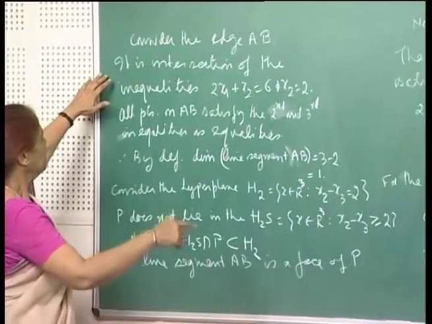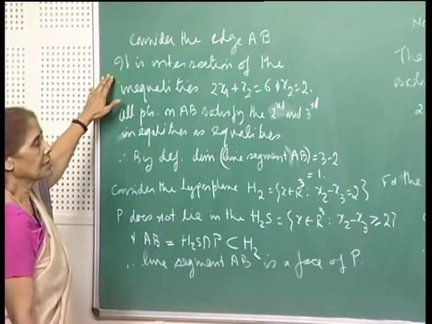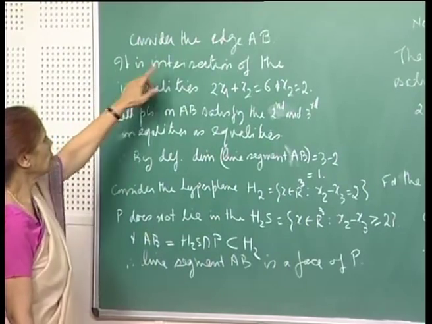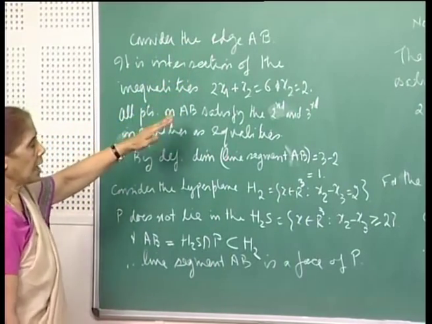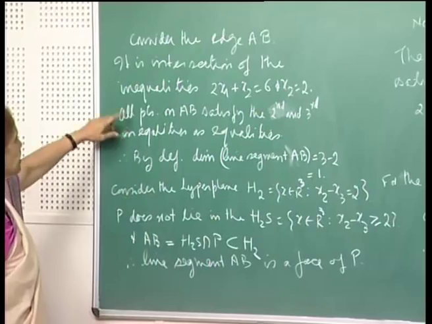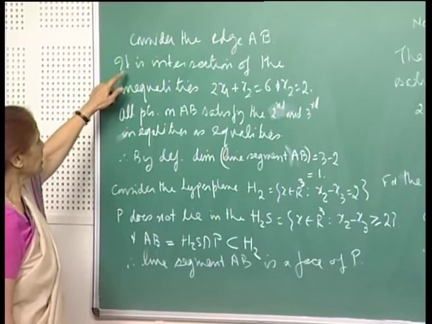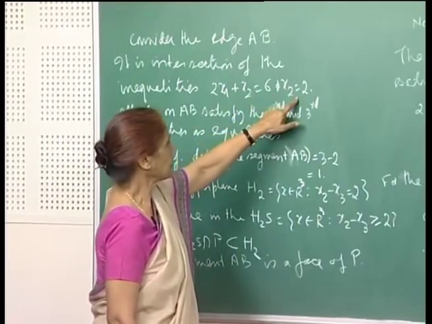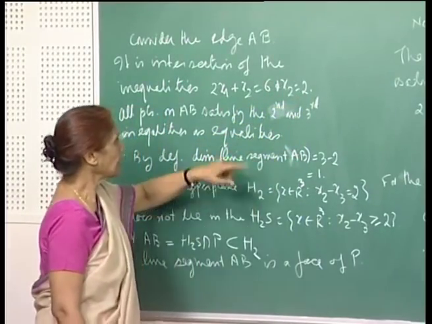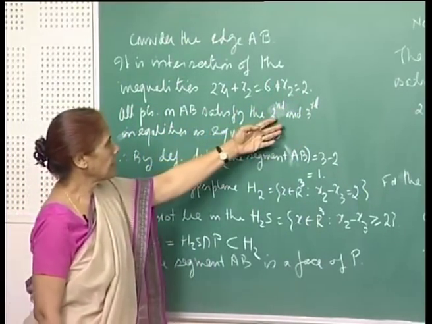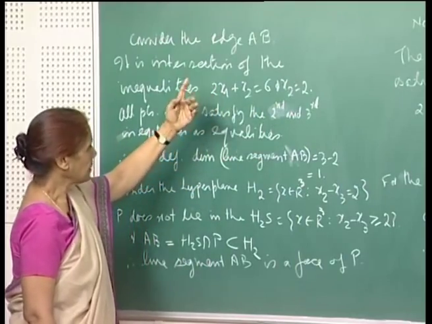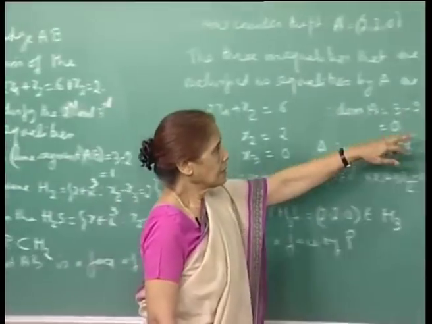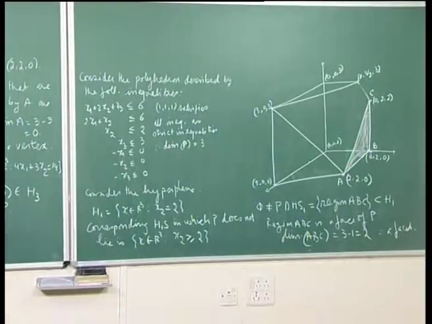Now, similarly, let us take another dimensional face of the polytope P. If you consider the edge AB, I am taking two different definitions and trying to show you. It is the intersection of the inequalities 2 x 1 plus x 2 equal to 6 and x 2 equal to 2, you can see from the diagram. That means every point on the line segment AB satisfies the second and the third inequalities as equalities.